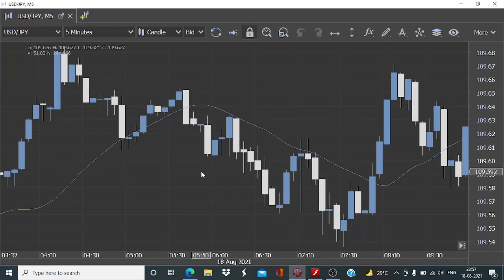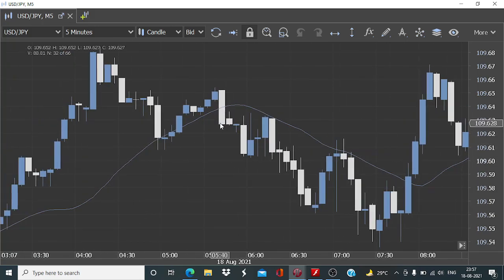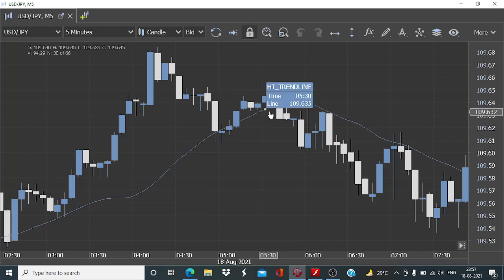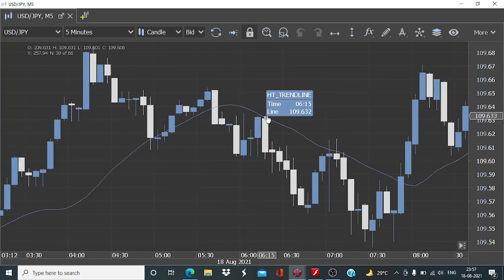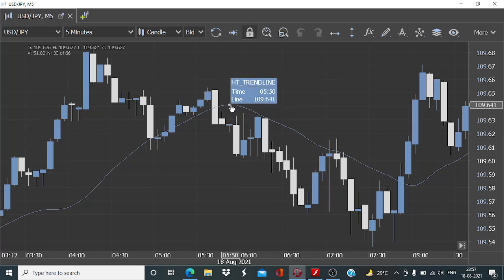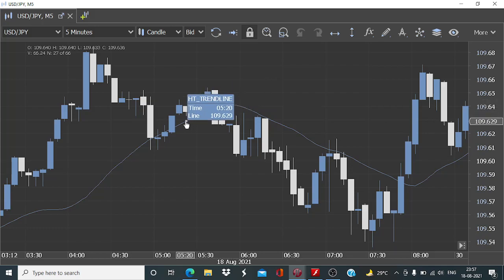And for any sell trade, the change will also be similar. We will need the turnaround to happen, and for that the current 5-minute candle's HT trend line output should be lower compared to the HT trend line output 30 minutes back, and the output 30 minutes back should have been higher compared to the HT trend line output 1 hour back.